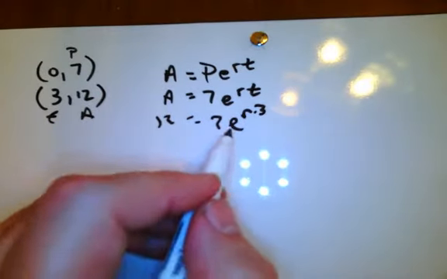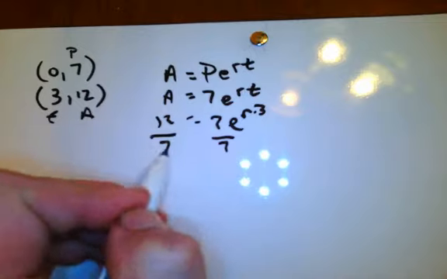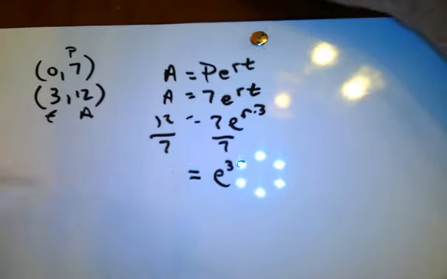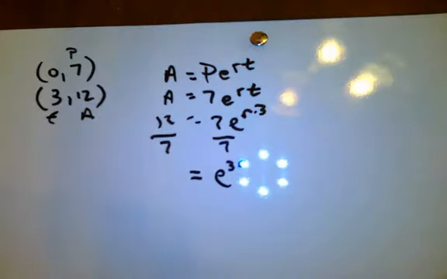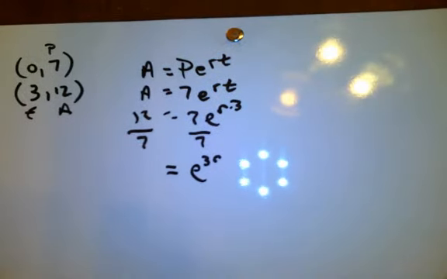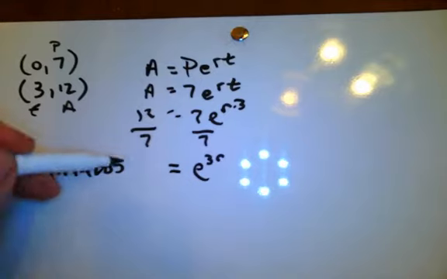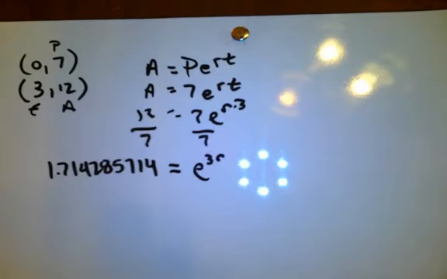Okay, I need to get this exponential by itself, so I'm going to divide both sides by 7. Over here I'll have e to the 3r, and on the left side of the equation, 12 divided by 7 is 1.714285714.